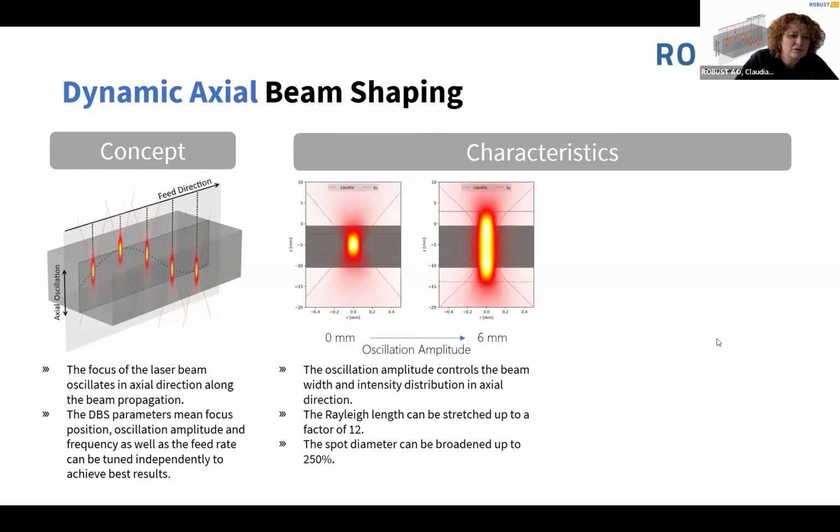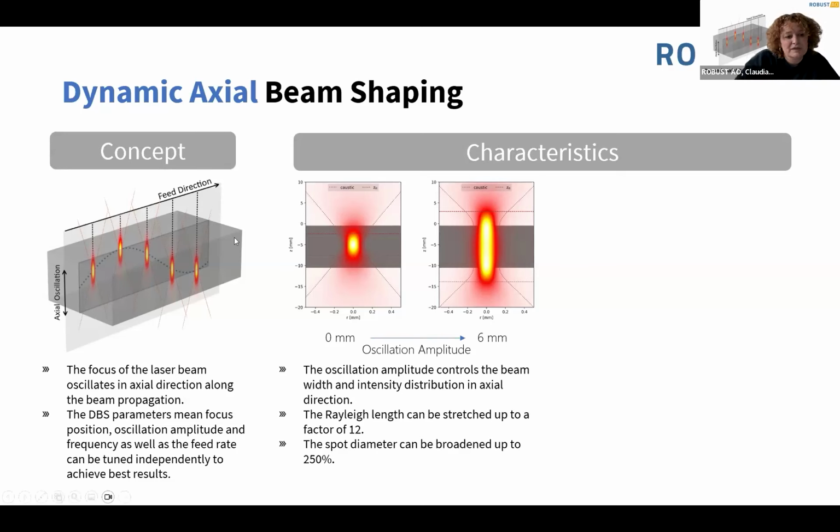And the next picture shows you how the oscillation amplitude can shape the beam. So the oscillation amplitude in the end controls the width and the intensity distribution. So if you compare what is feasible, a static beam and a dynamic beam shaping beam, axial one, then you can broaden the spot diameter up to 250%, and you can increase or stretch the Rayleigh length by a factor of 12.